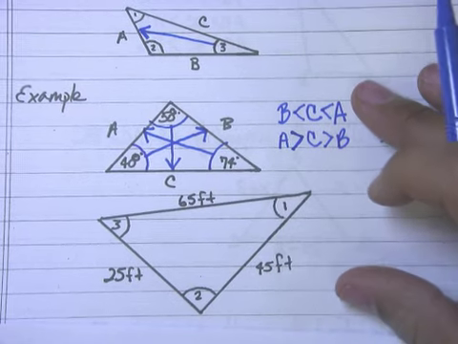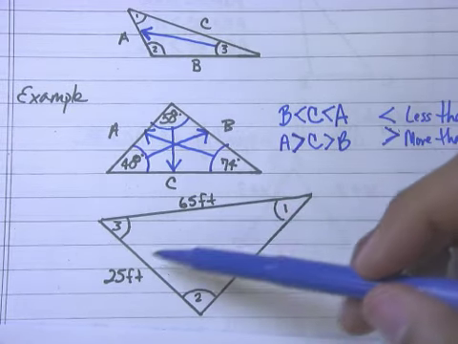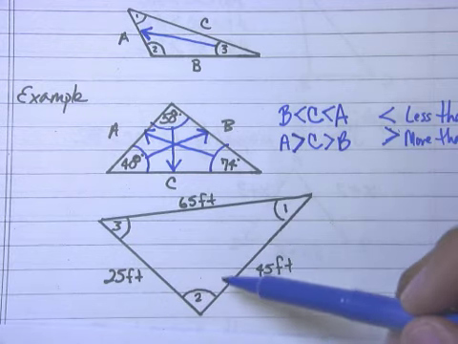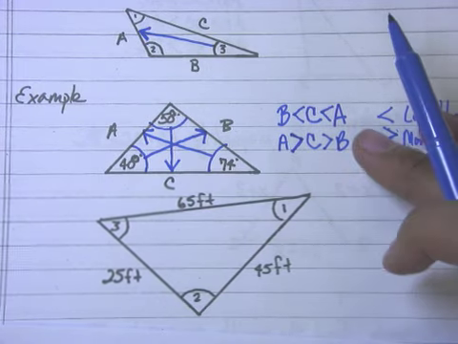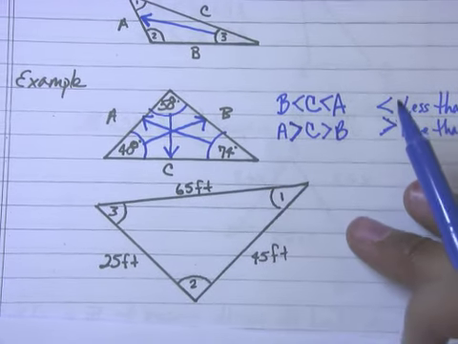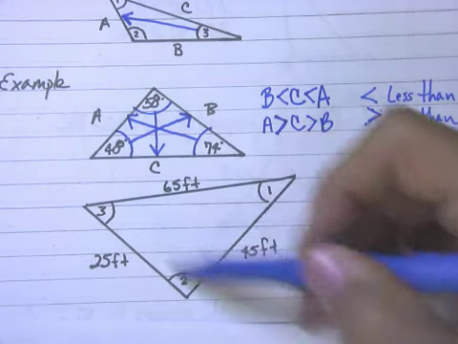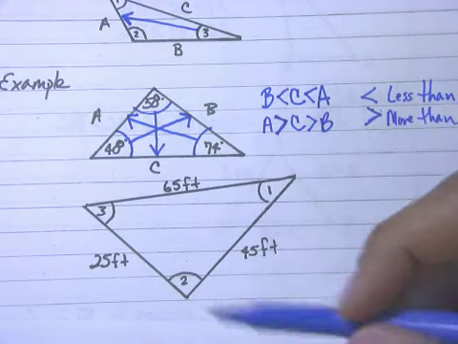Let's take a look at another example. Here I have another triangle, and this time I've labeled the sides. This side here is 65 feet, this side here is 25 feet, this side here is 45 feet. A question like this would probably ask you to name the angles from smallest to greatest.